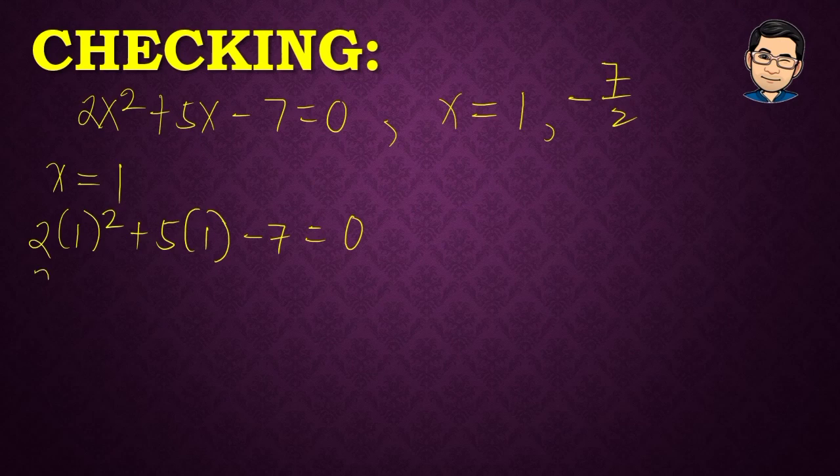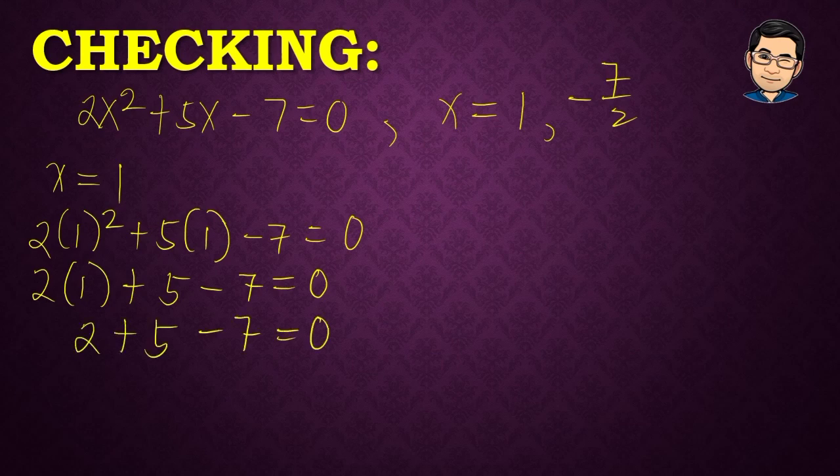So, 2 times 1, 5 times 1, that is 5, minus 7 equals 0. 2 times 1, that is 2, plus 5 minus 7 equals 0. 2 plus 5, 7, minus 7 equals 0.